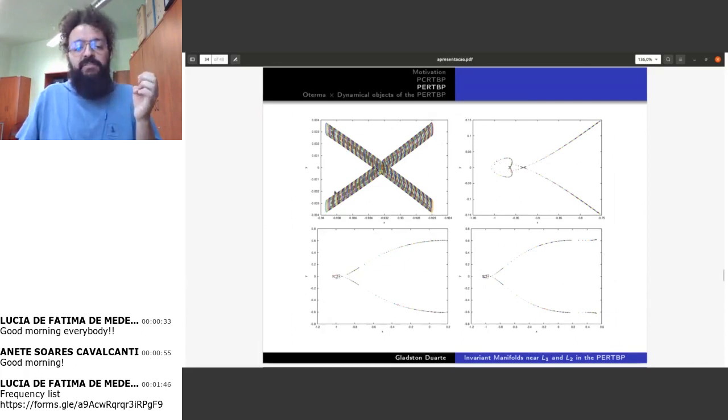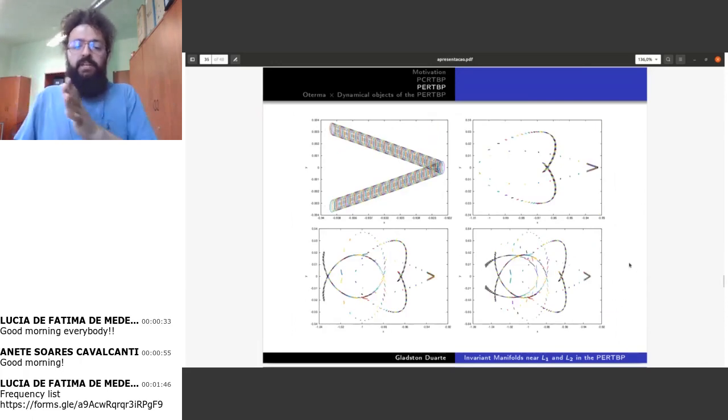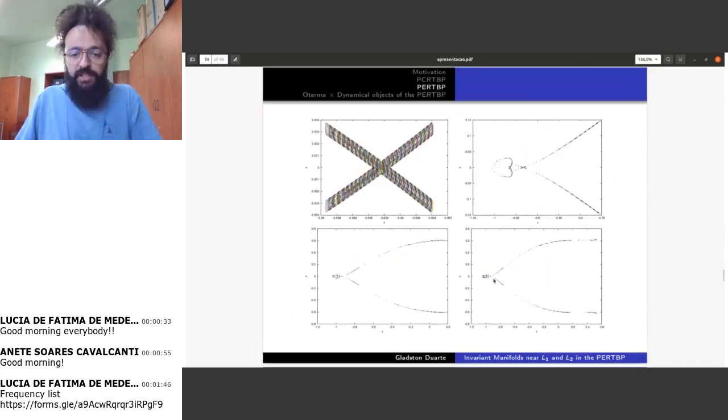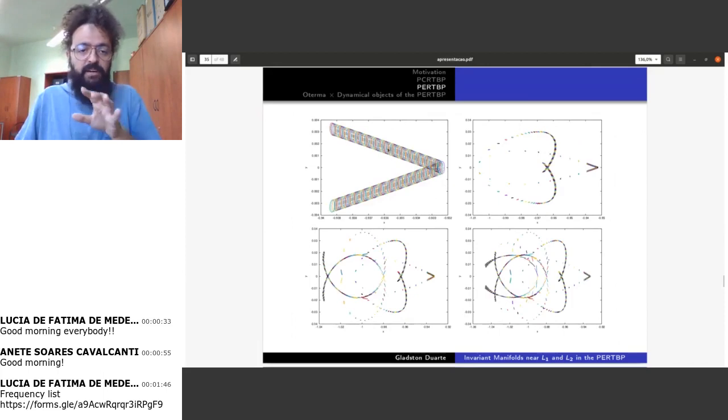So here we have an approximation of the stable and the unstable manifolds for pi over 2 integration time, pi integration time, 3 pi over 2, and 2 pi. This is for L1. I'm focusing here on this region, so I just care about this region to see these manifolds better.